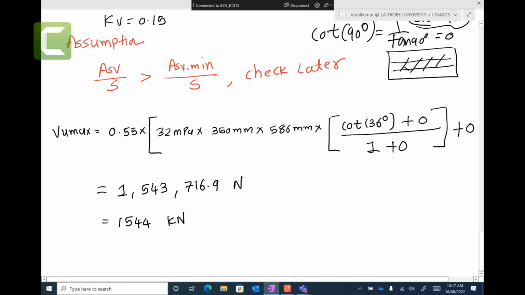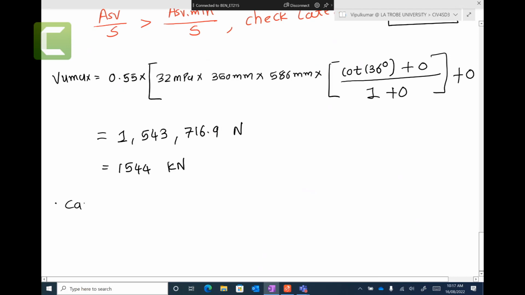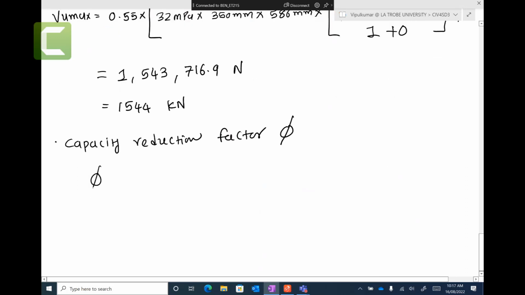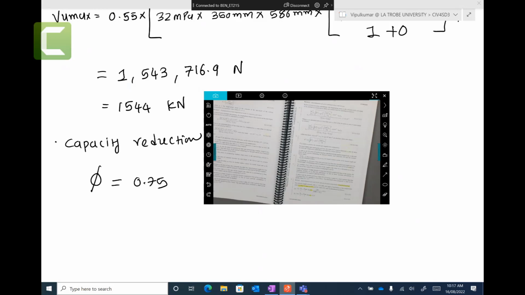Now, capacity reduction factor phi. So phi equal to, we take it 0.75. I can show you where it is.